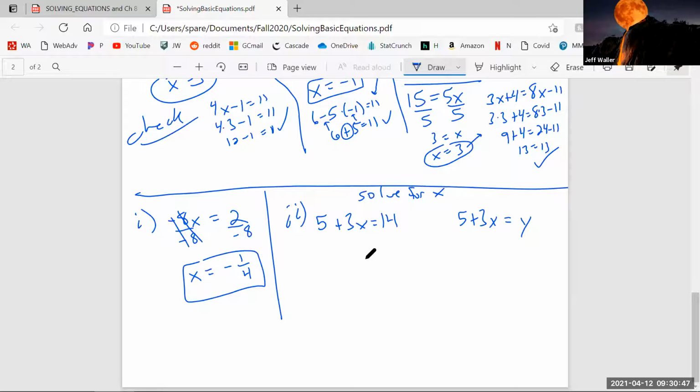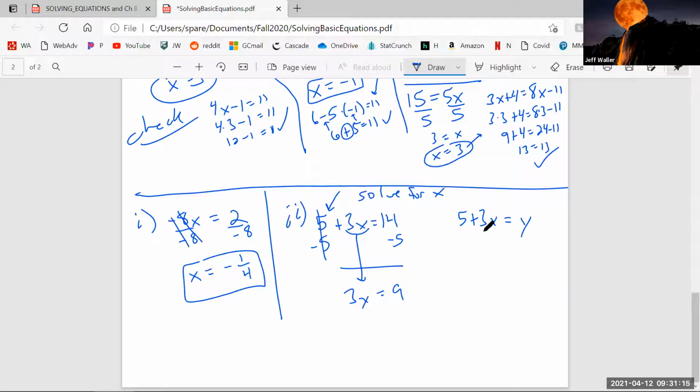Yes, I have to kill the 5. How would I kill the 5? Subtract 5 from both sides. And then that goes away, and so I'm left with 3x equals 9. Now, of course, why do we do that? Because I find where my variable is, and I get rid of the stuff that's with it.